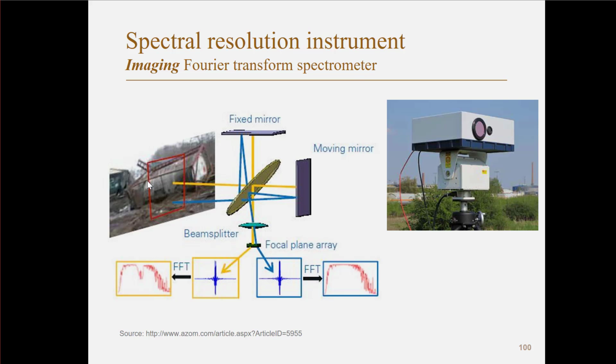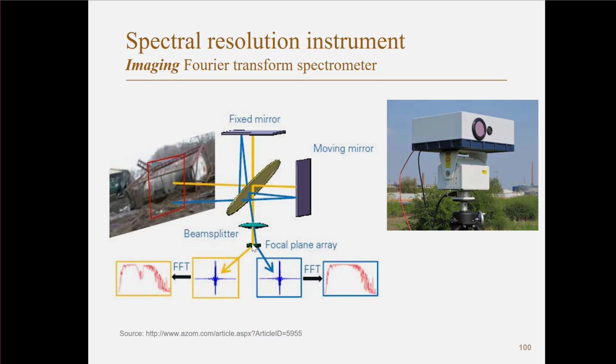So when you start off with something you want to image, you have light coming from each and every point inside this image. And each of these light paths traces separately through your Fourier transform spectrometer. And then down here, instead of having a single point detector or two detectors, you have an array of detectors, so a camera.